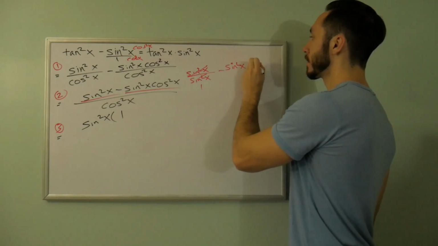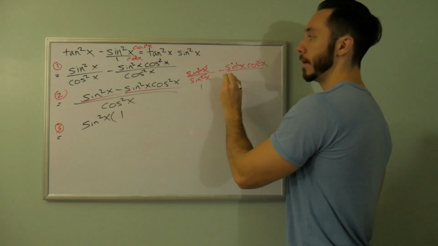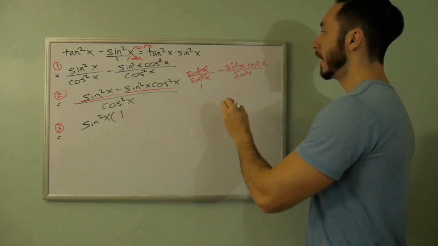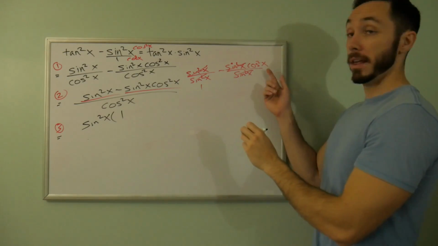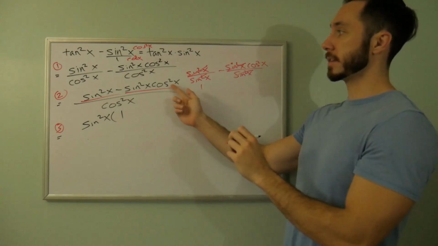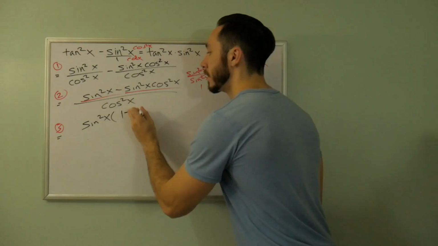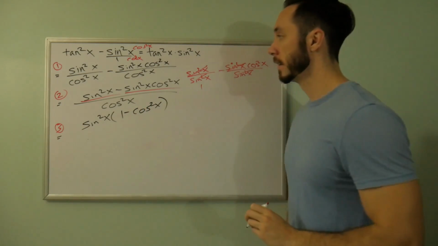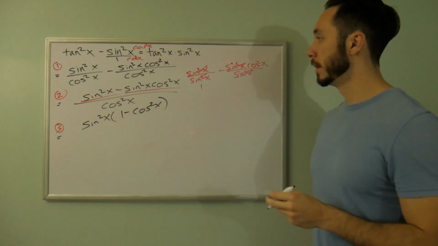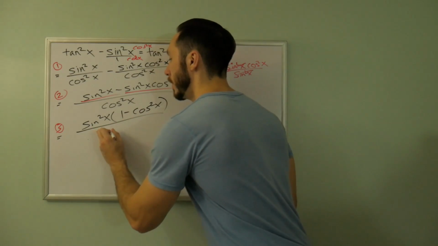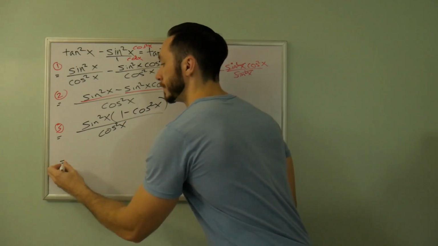Sine square x, cosine square x is all over now sine square x. That's what I'm plucking out. I'm dividing both terms by. So cancel, cancel. I'm left with just cosine square x after I pluck out this sine square x. So it's going to be minus cosine square x. I just factored. So maybe I'm going somewhere with this. Who knows? This is all going to be over cosine square x.